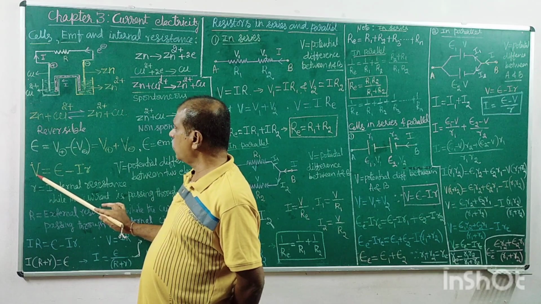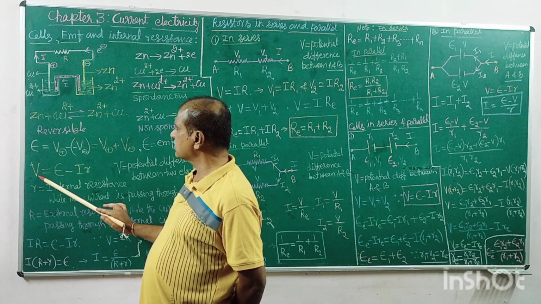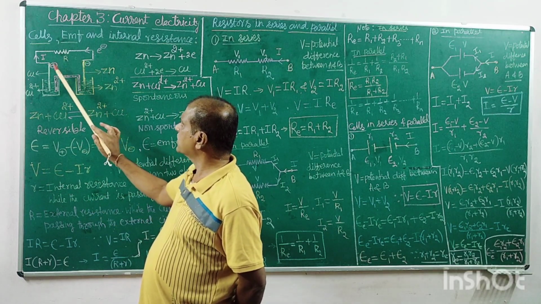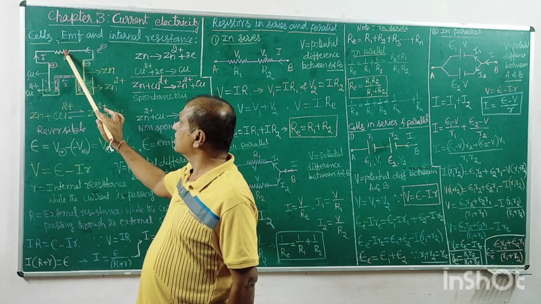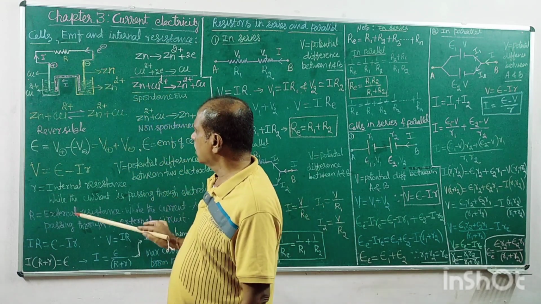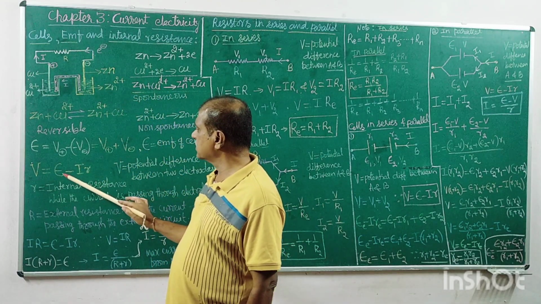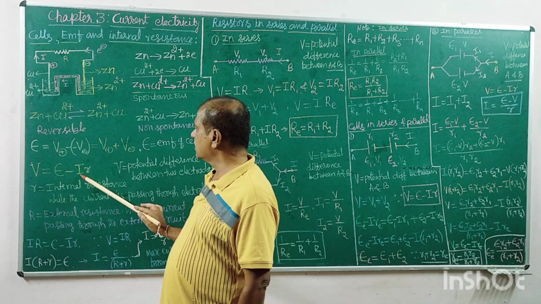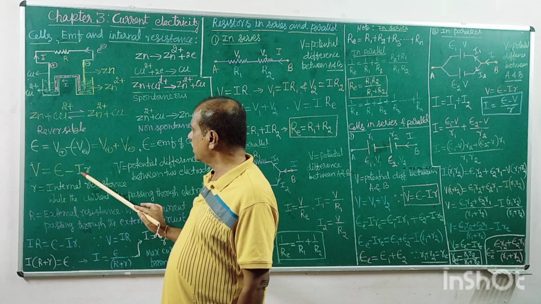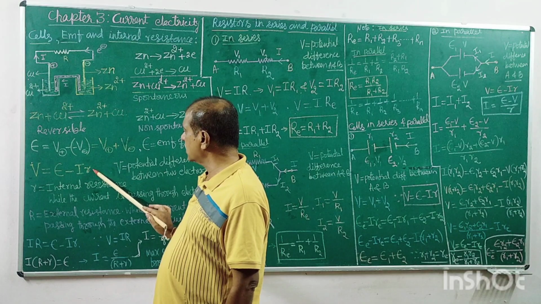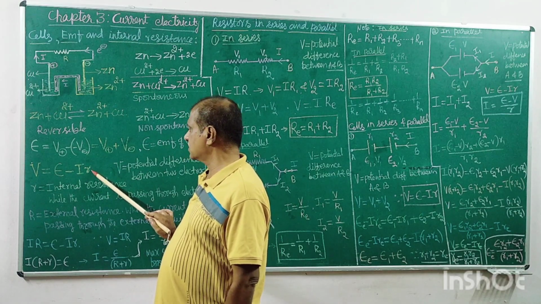So the potential difference which can be applied on the external electric circuit is equal to this minus this. That is the EMF of the cell, and this is the IR. I is the current flowing in the circuit, and r is the internal resistance.